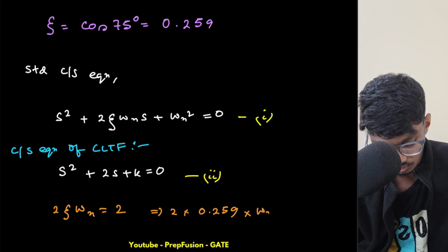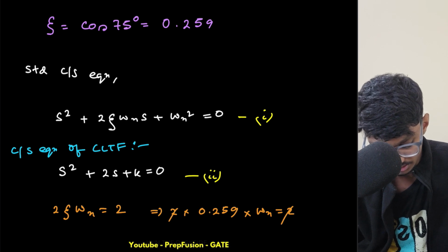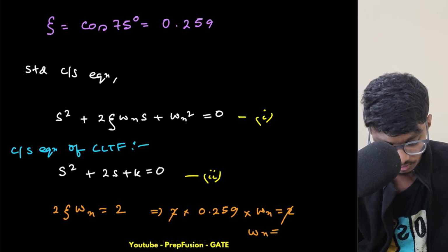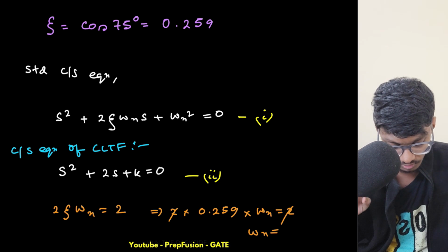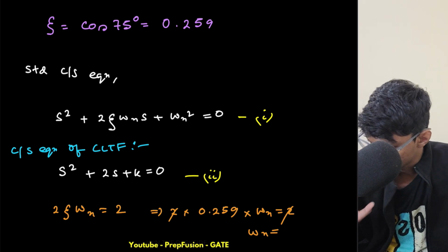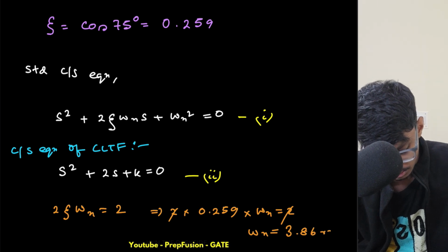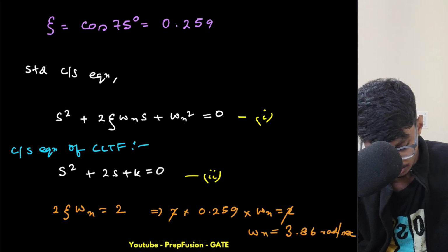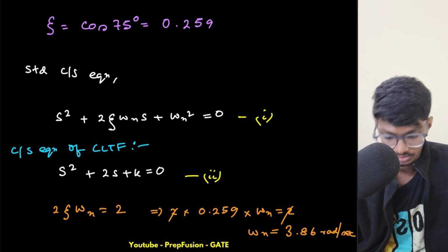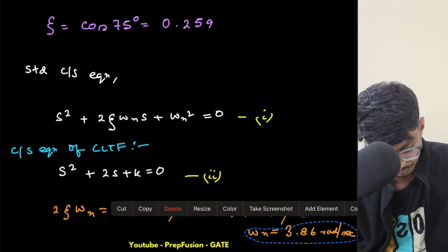Omega n is unknown, that I need to find out, and this equals 2. So 2 cancels out. So omega n equals 1 by 0.259, which is almost equal to 3.86 radian per second. Don't mess up the units. I will just write this on the next page.